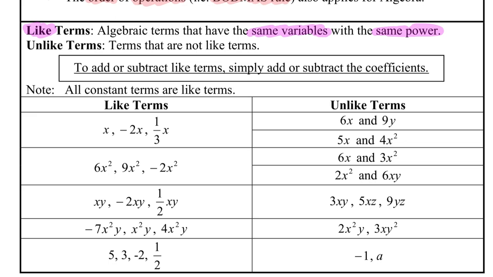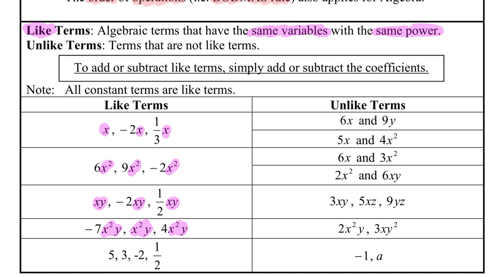Examples of like terms would then be x, x, x, x square, x square, x square, xy, xy, xy, x square y, x square y, x square y.